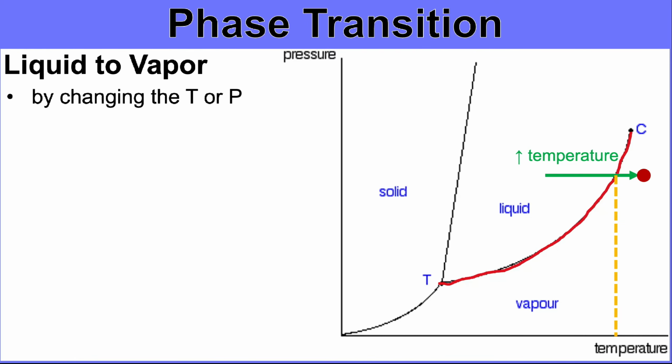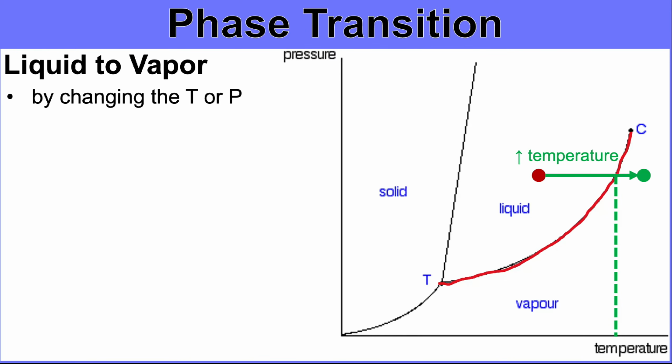Again, what is the significance of this line separating the two areas? It means that anywhere along this line, there will be an equilibrium between the liquid and the vapor. Okay, so this line is most easily seen as the effect of pressure on the boiling point of the liquid.